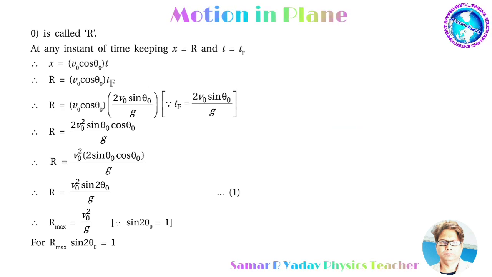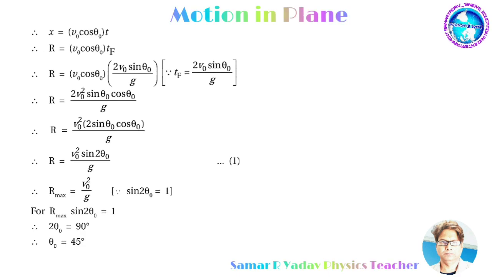Therefore R = (v0 cos θ0)(2 v0 sin θ0 / g), given that Tf = 2 v0 sin θ0 / g. Keeping this value, we get R = 2 v0² sin θ0 cos θ0 / g. Therefore R = v0² (2 sin θ0 cos θ0)/g, so R = v0² sin 2θ0 / g.